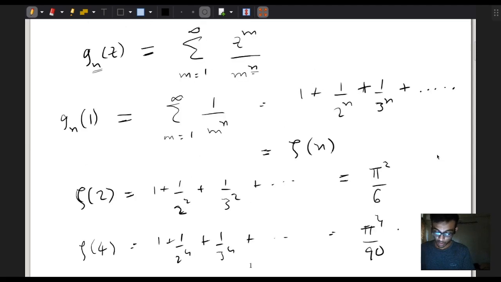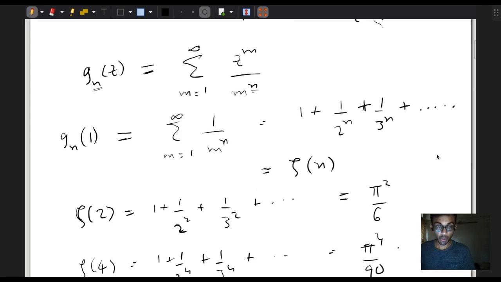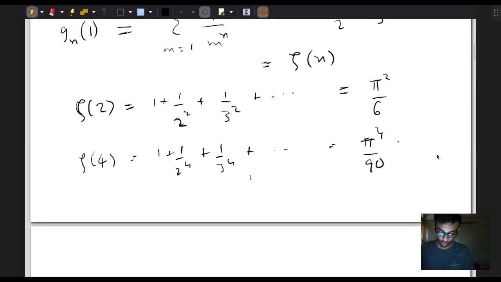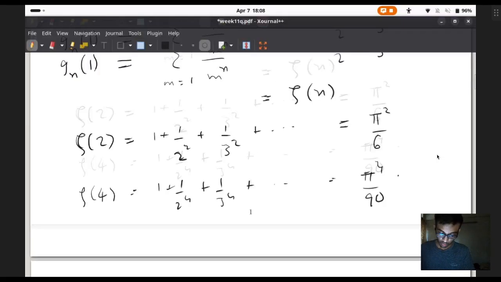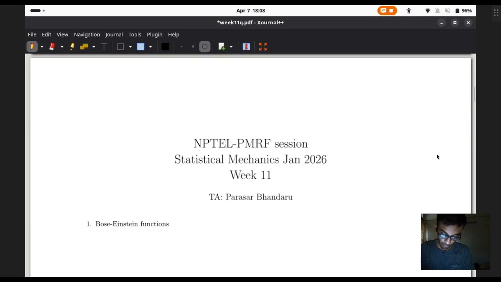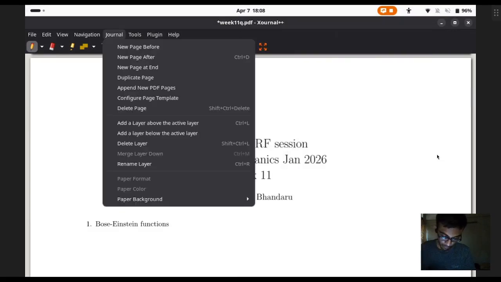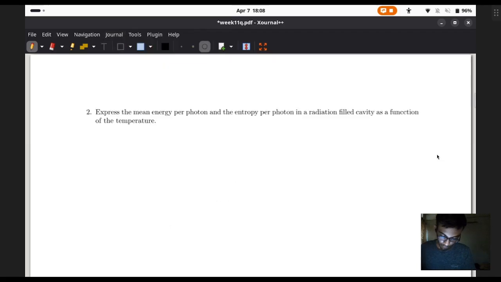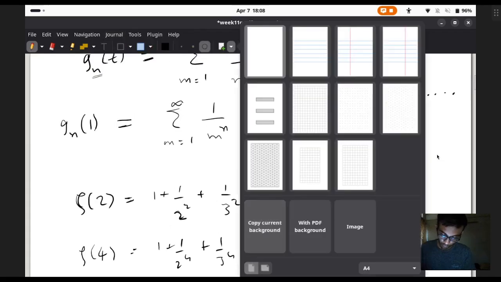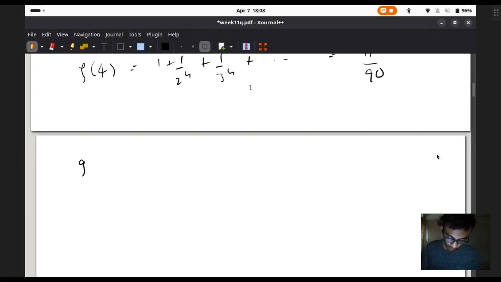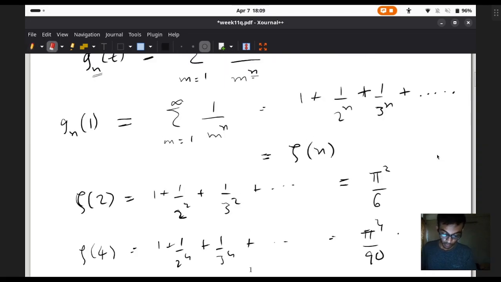So we can also look at a case when n is equal to 1.